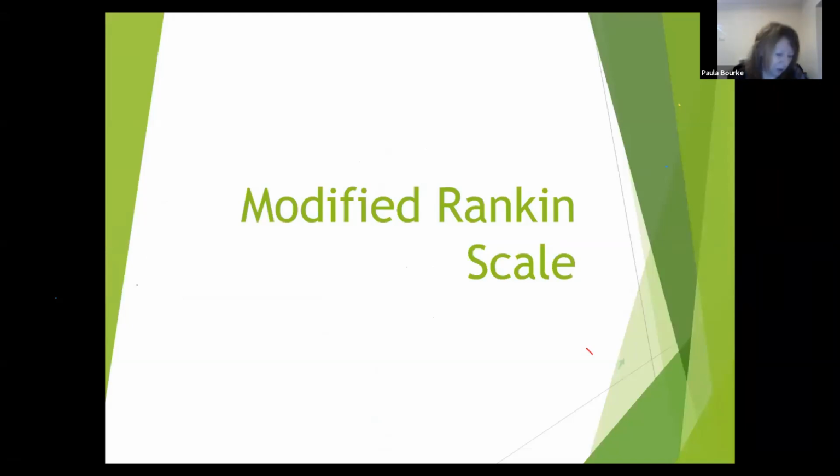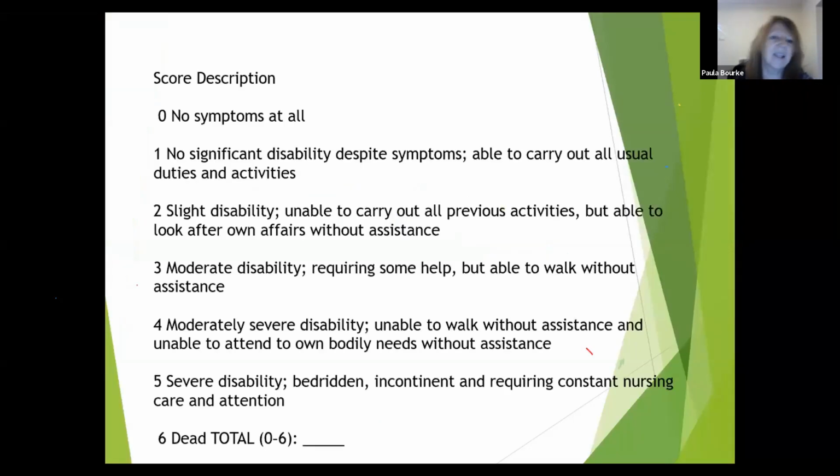We move on now to the modified Rankin score. This is a good way of defining how severe the stroke is. And one of the reasons we do modified Rankin scores is because it is international.